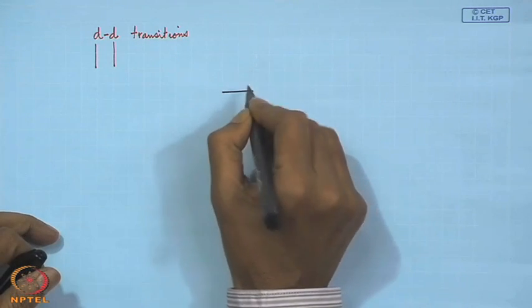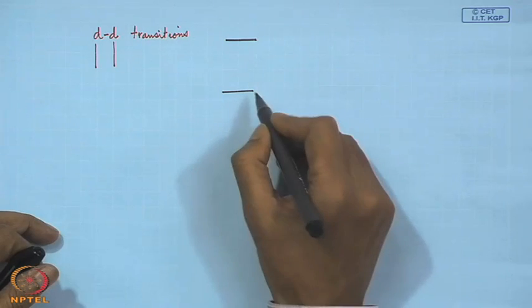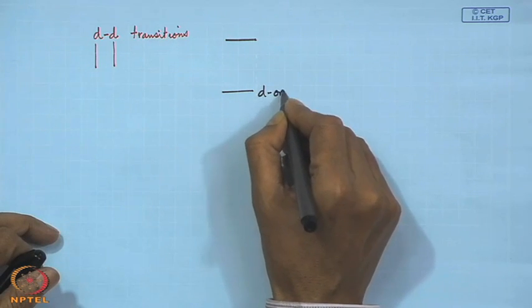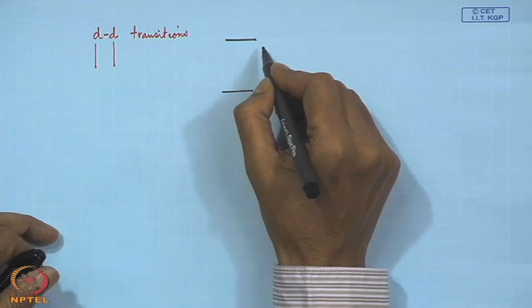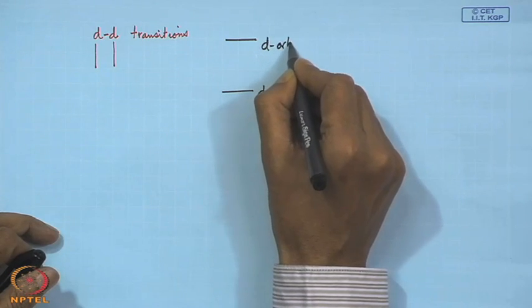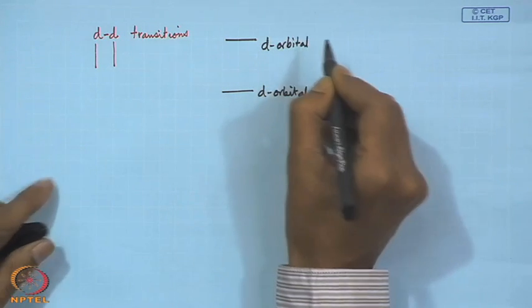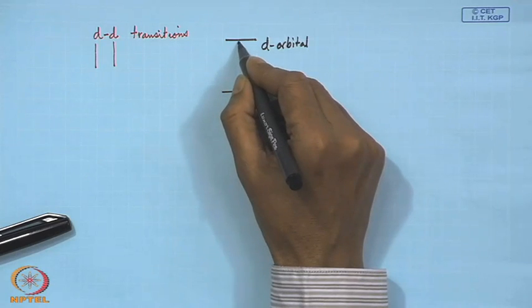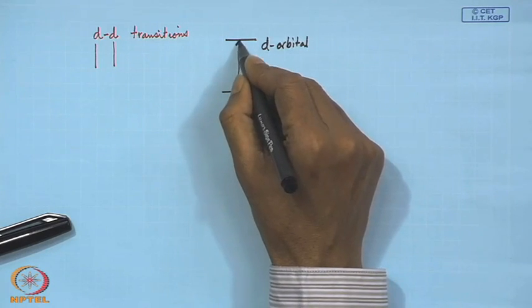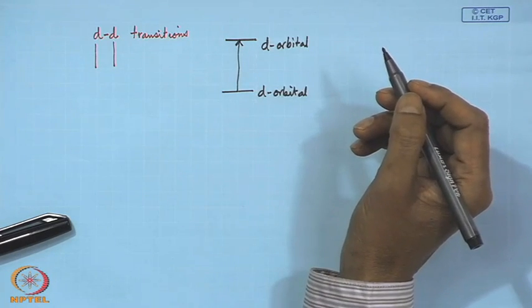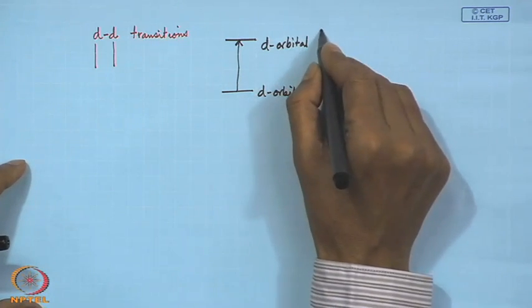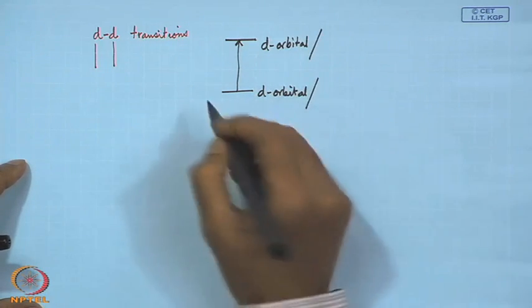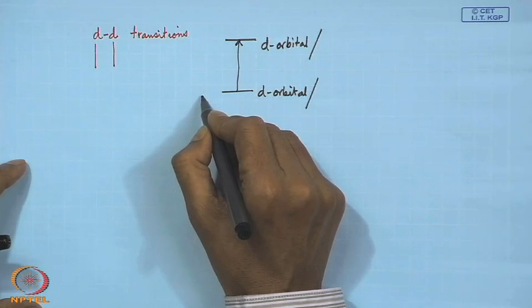So, if we just consider that this is d orbital based, and this is also d orbital based, and the transition is taking place. And there are certain things that we can also have, the corresponding state, that means the spectroscopic term symbol.